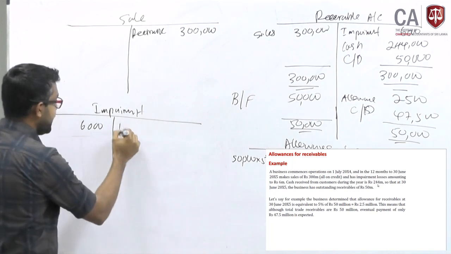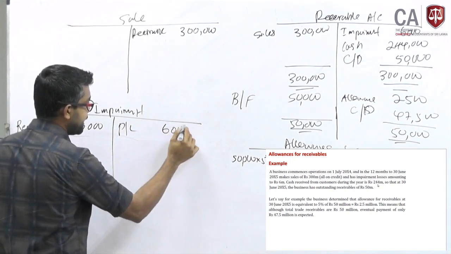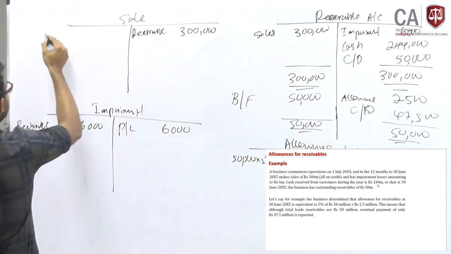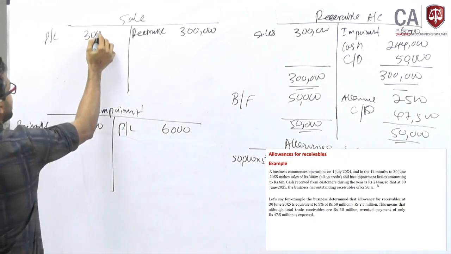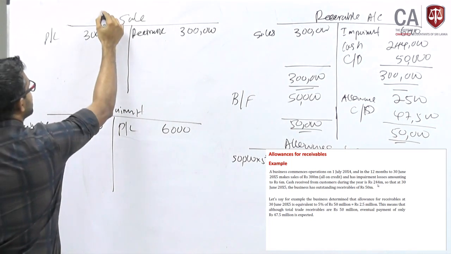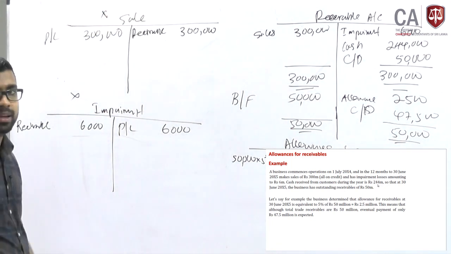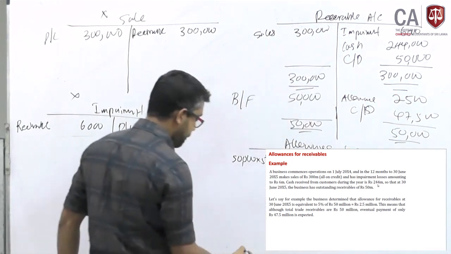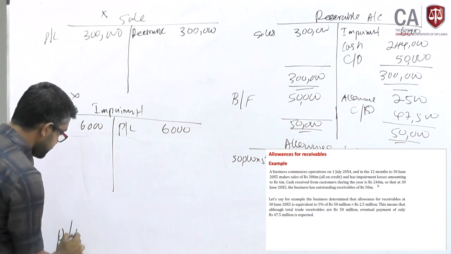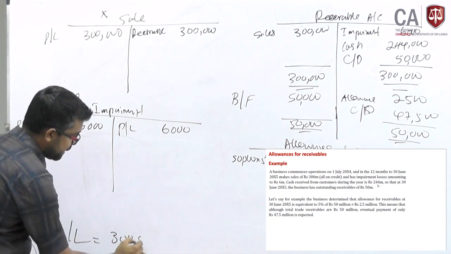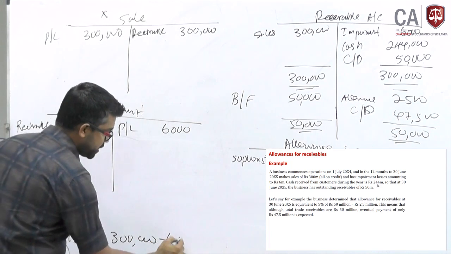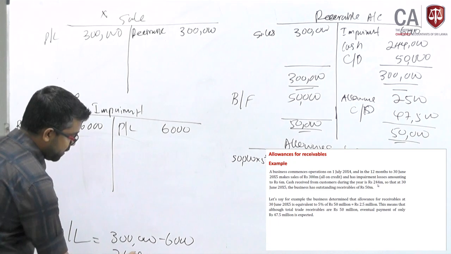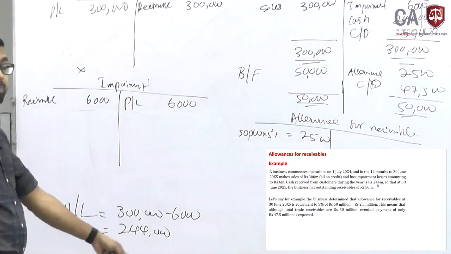So you will charge this 6,000 to P&L at the end of the financial year, revenue also to P&L 300,000. So these accounts will be closed at the end of the year, there is no balance. This is the P&L presentation: net impact to P&L minus 6,000, 240,000 is the net impact to P&L.